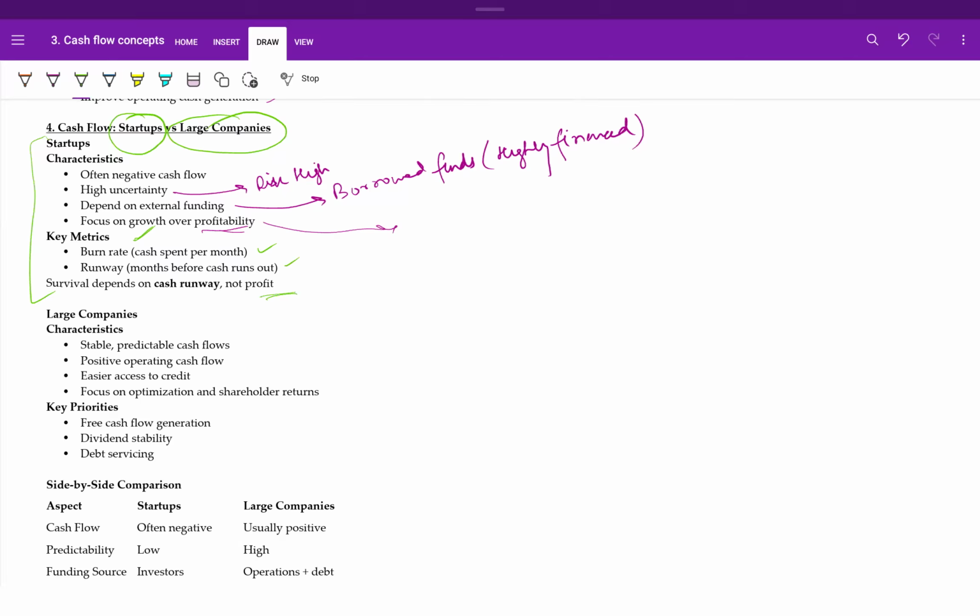Positive operating cash flow is going to be there, because they have an established business model and they have been in the market for a very long time. They are dominating, and that's why they have become a large company.